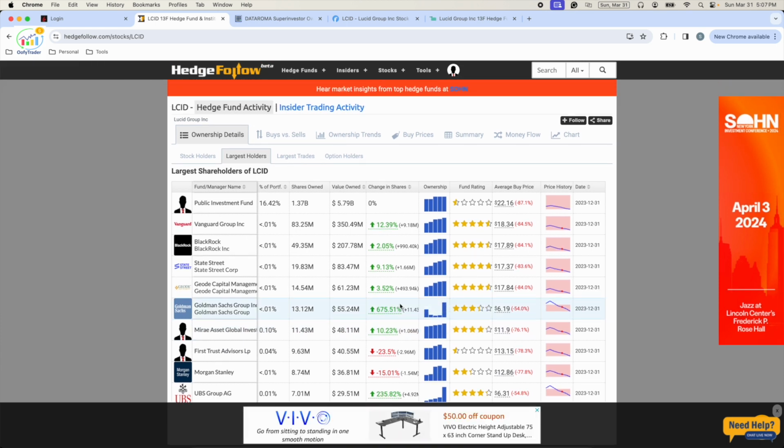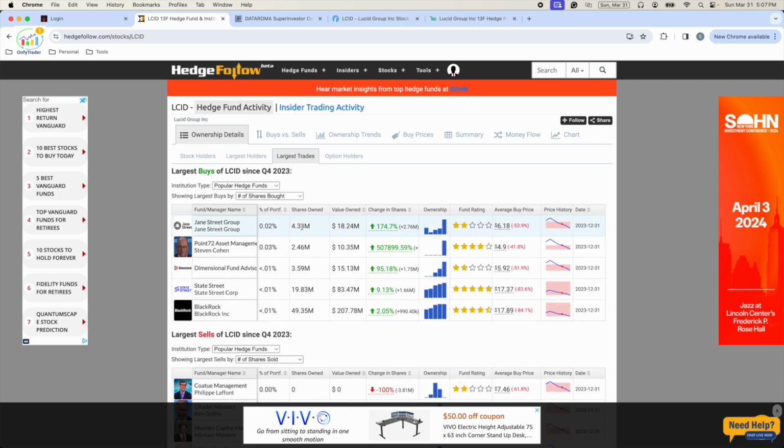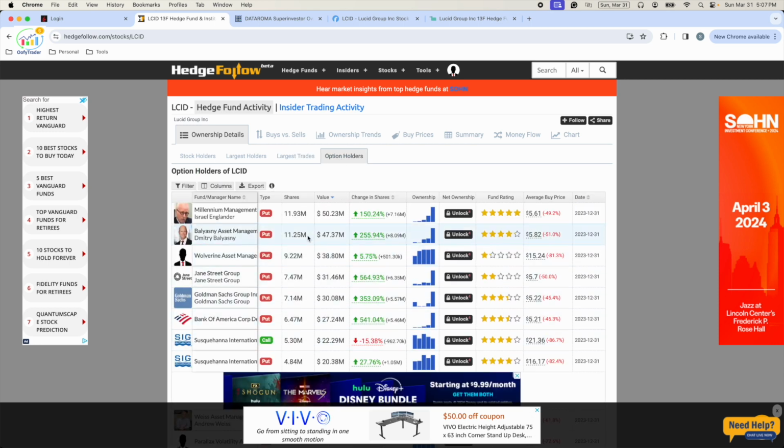Like we are analyzing, they are also doing their due diligence to earn more money, right? And then who's doing the biggest trade here? And who is holding the biggest options? These are the put options they are having.